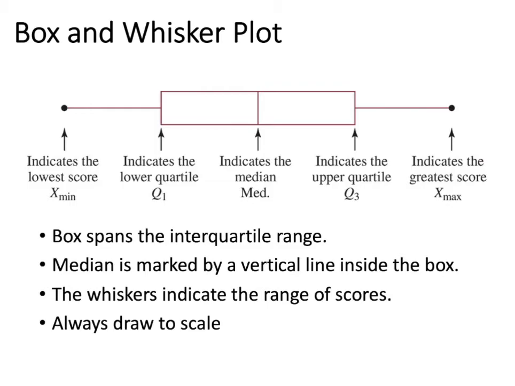So when we have a box and whisker plot, because it represents our 5 number summary, 25% of the data is going to be in each section. So we have 25% in the first section, 25% in the second section, 25% in the third section, 25% in the fourth section.